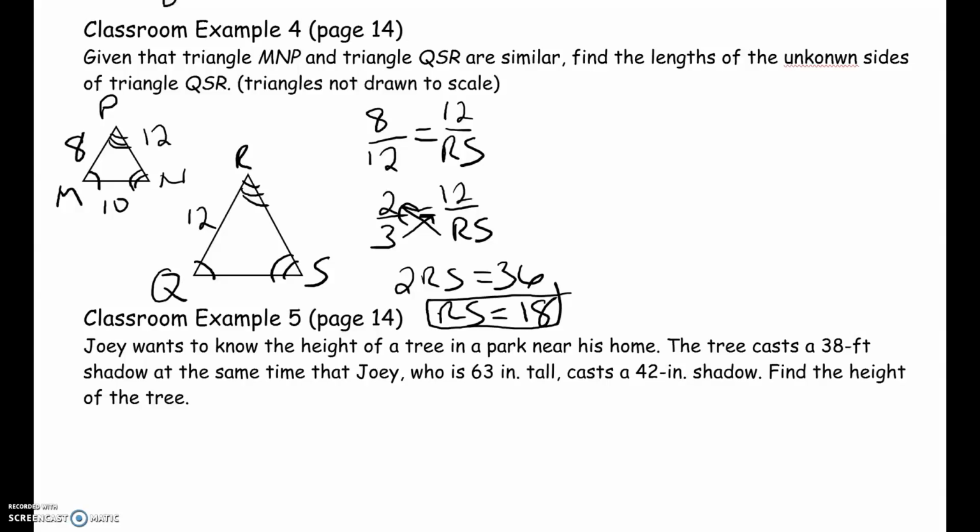Alright, one more side. I can still start off with the same ratio, 8 is to 12. That is MP is to QR. So let me just go ahead and use the reduced form right away. 2/3 is equal to, so I use the small side to the big side.